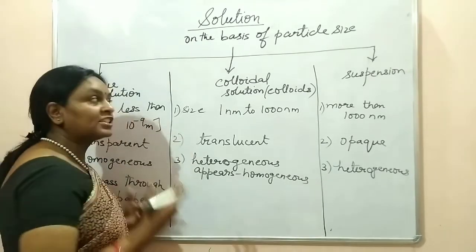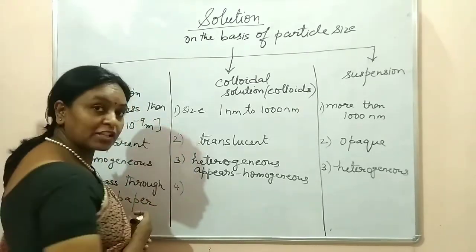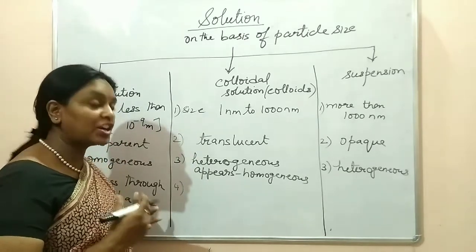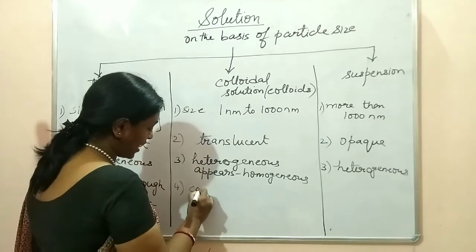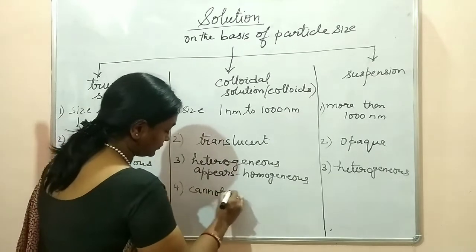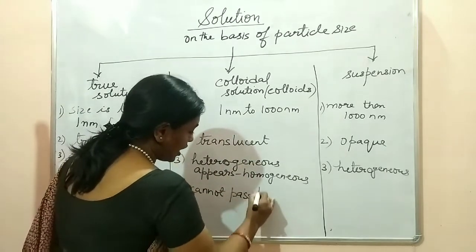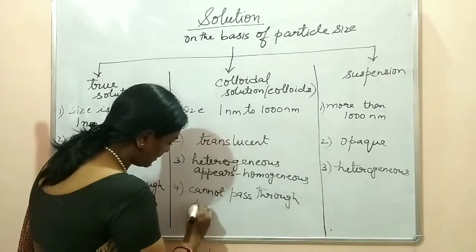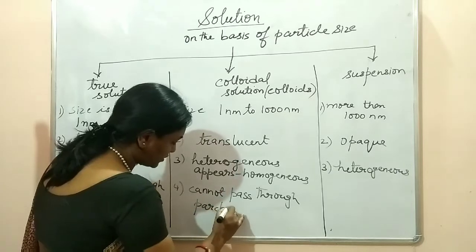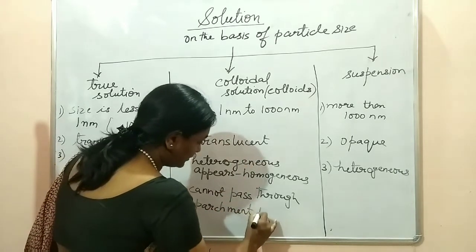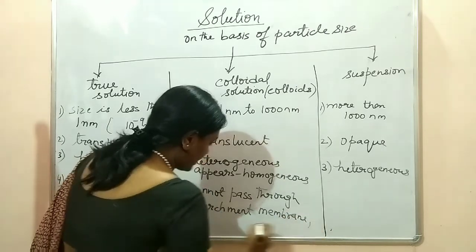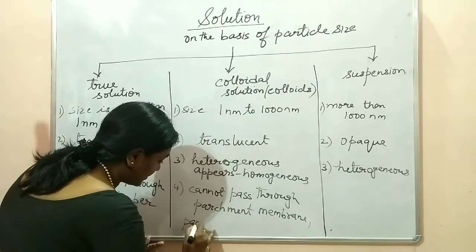Similarly, colloidal solutions will also pass through filter paper, but they can be separated by using parchment membrane. They cannot pass through parchment membrane. Now what is a parchment membrane? I will tell you that.